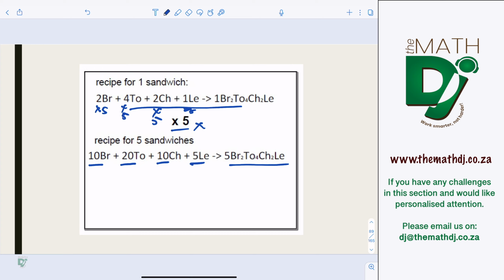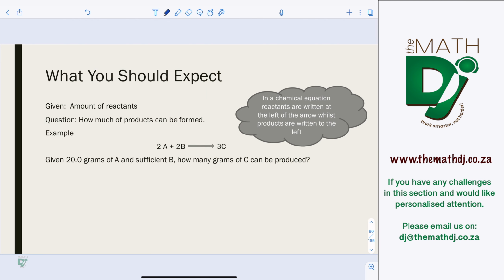You are just using an analogy so that when you are talking about the atoms and elements involved, you'll know that that's what we are talking about. I hope this example helped you to understand. Let's move on.